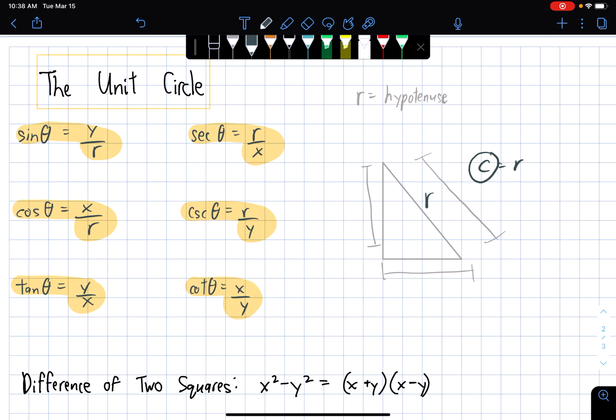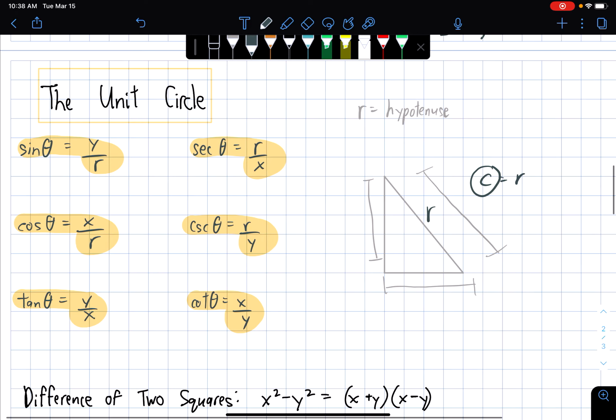Now, earlier, I introduced to you how to solve for x provided that you have r and y. Now, let's solve for y provided that we have x and r.